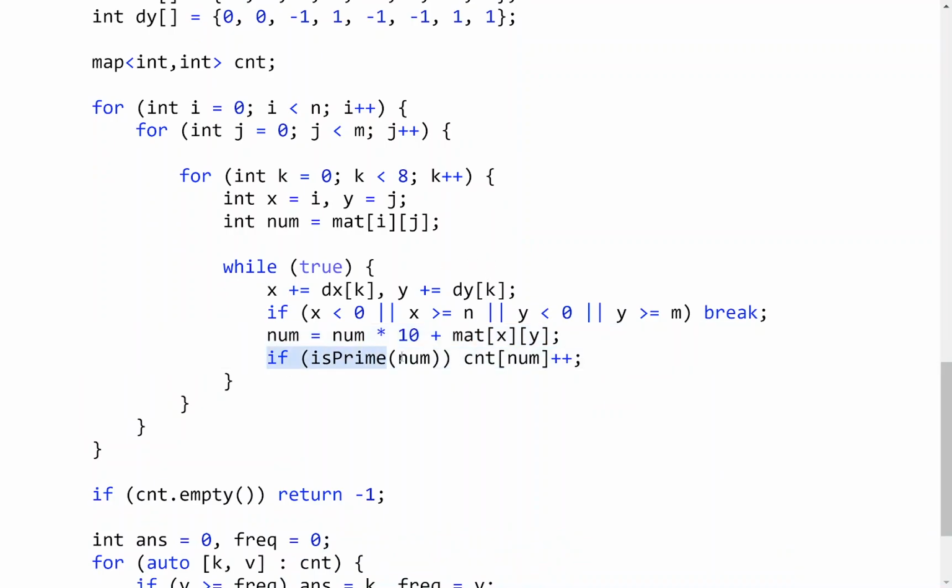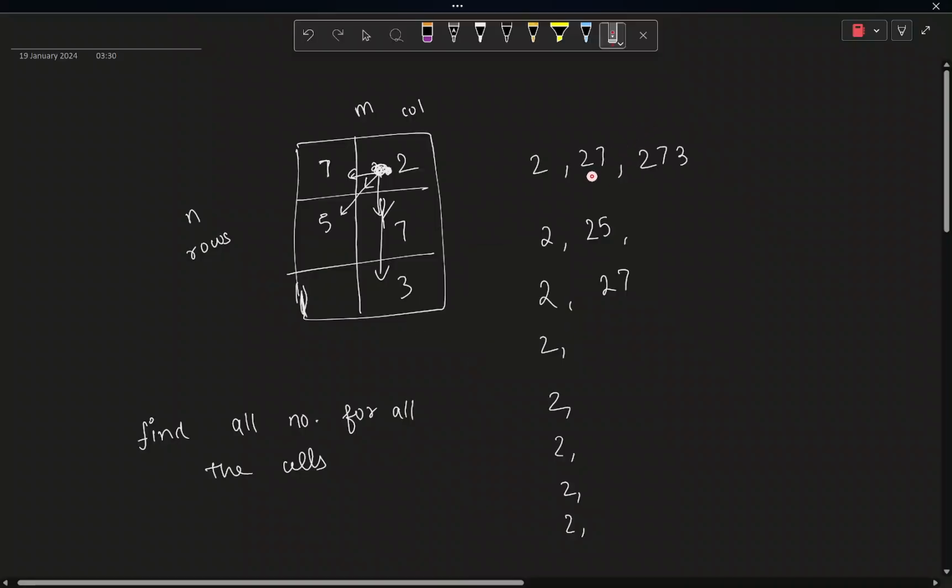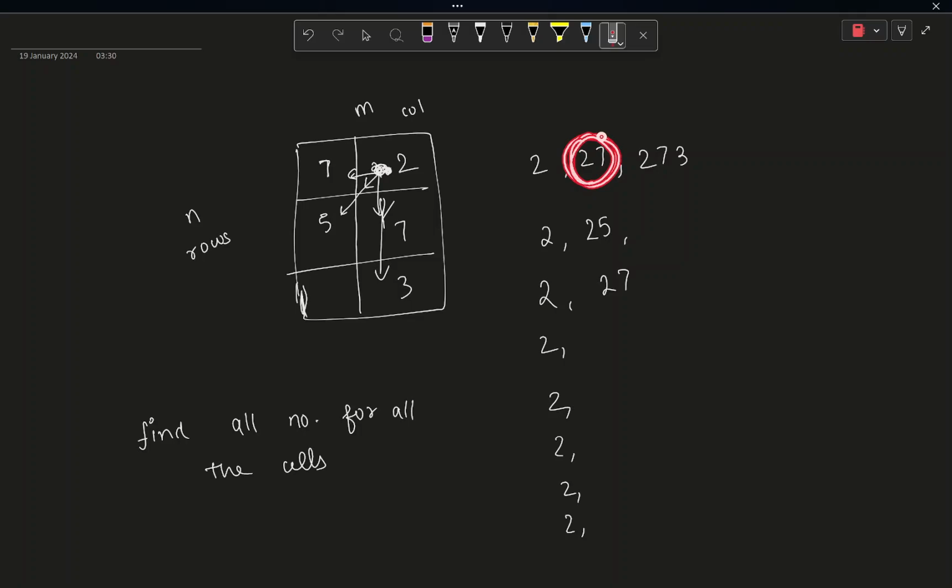In case the number I've got so far, say 27 here, is a prime number, then please add it into the map, saying this prime number existed one time, and so on, just increment the count. After that, when I come to the next number, if it is a prime number, then increment its frequency.